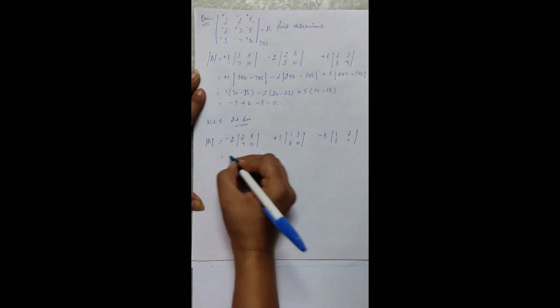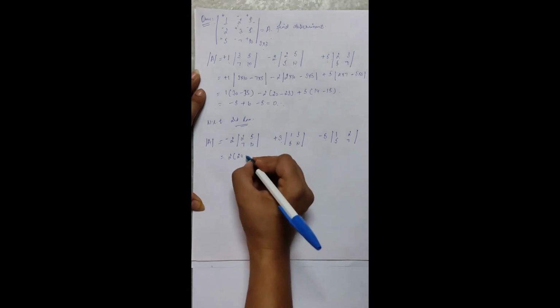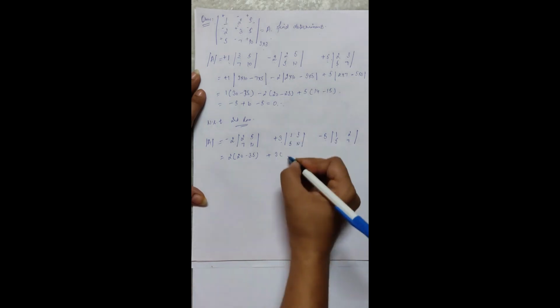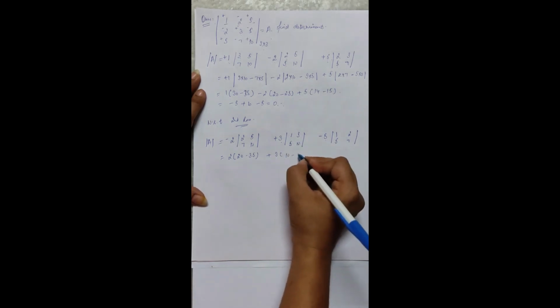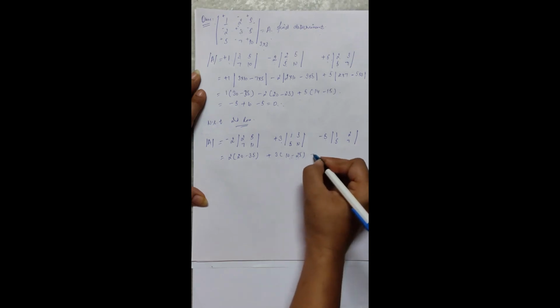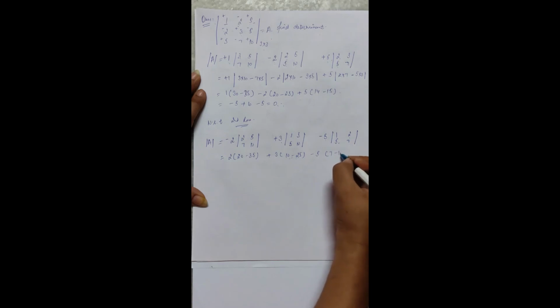Now I will solve this. 2, 10 into 2 is 20 and 7 into 5 is 35. Plus 3, 10 into 1 is 10, 5 into 5 is 25. And in between these two, we will always put a minus sign. Minus 5, 7 into 1 is 7 and 5 into 2 is 10.